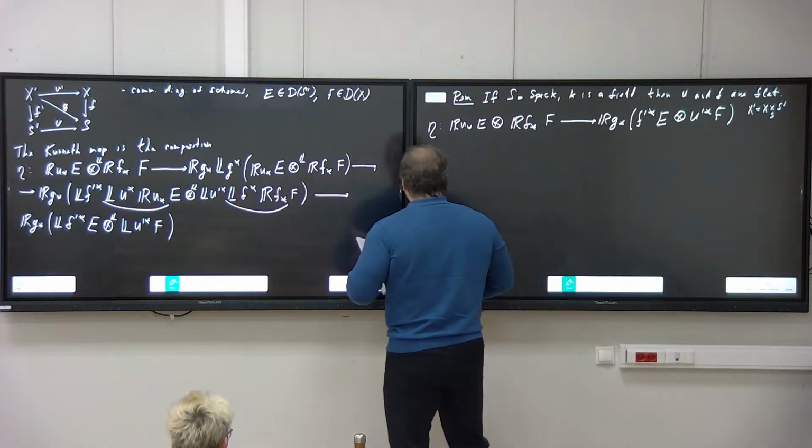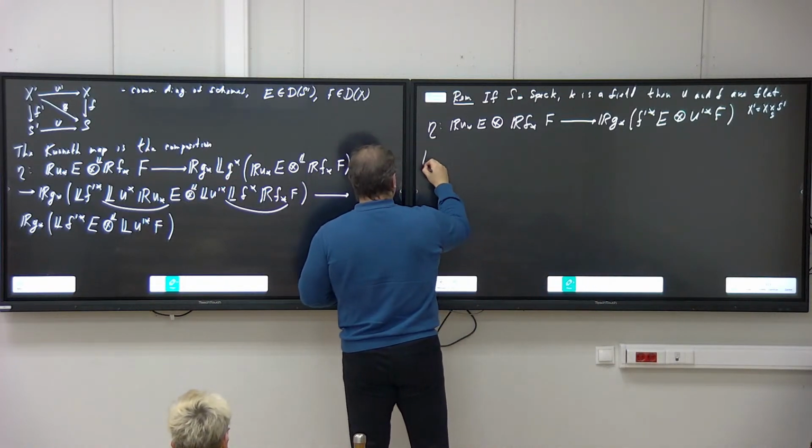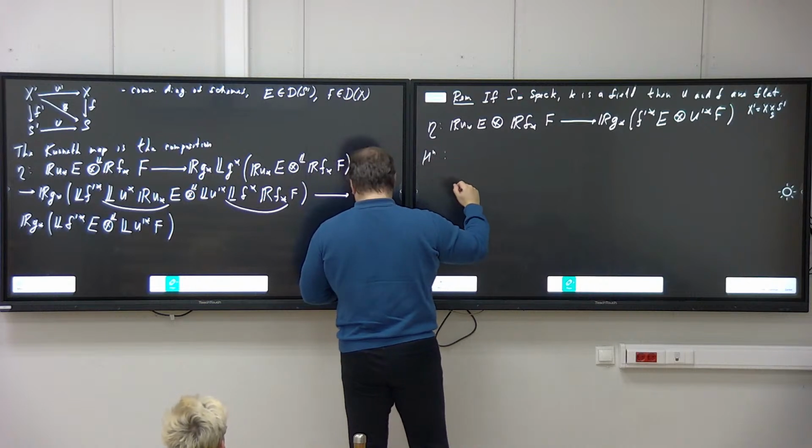And then I look at the nth homology, then nth homology applied to this map gives me the following.